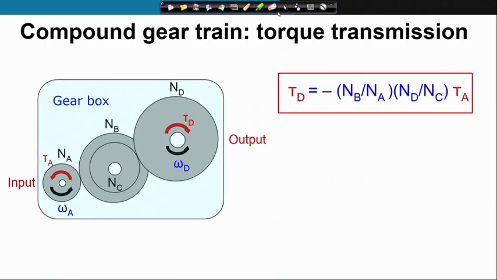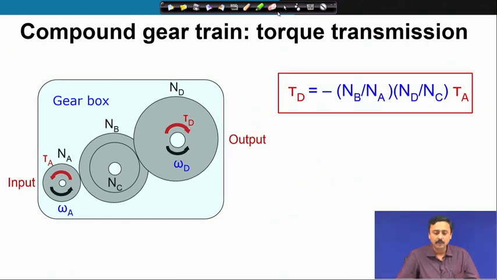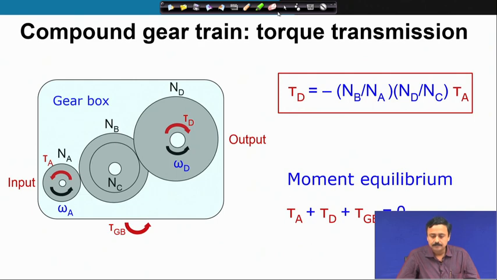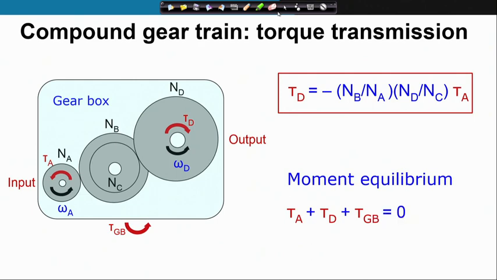Now, once again the torques tau_A and tau_D are in general not equal. So, therefore, we require an additional torque for equilibrating the whole system, which is the torque on the gearbox from the foundation of the gearbox. Now, if you use the moment equilibrium equation, then that relates tau_A, tau_D and tau_GB, and that sum must be equal to 0 for equilibrium.